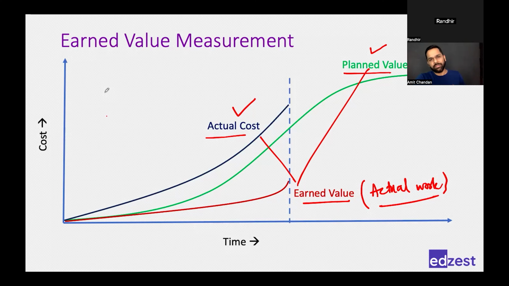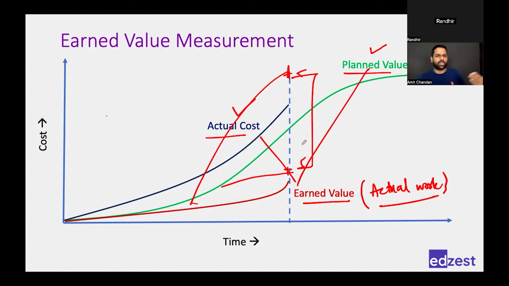It should not be random. Otherwise, what would happen is your curve would show some cushion. For example, it might show it is very close to earned value. That would be your estimate, but your earned value will be very high. And if there is a huge difference between your plan and your actual, in terms of schedule or cost, then people would start to ask the question, why is that happening?